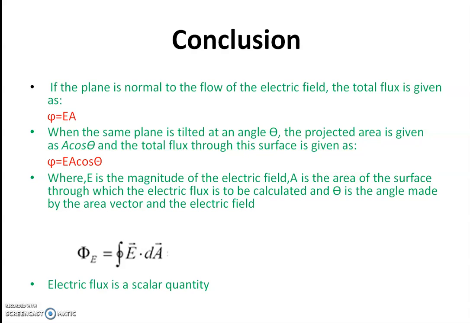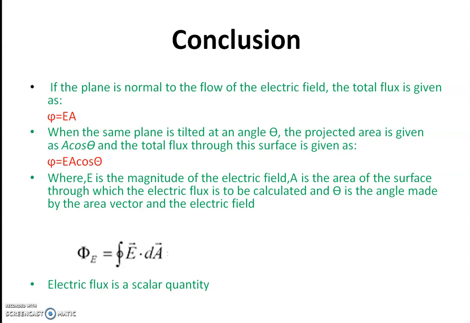Why? Even though electric field is a vector and area is a vector, E dot dA is the scalar product of the electric field and area vector, and hence it is a scalar quantity. Now what's the unit of flux? Whenever we define a quantity, we try to write the unit of that quantity.